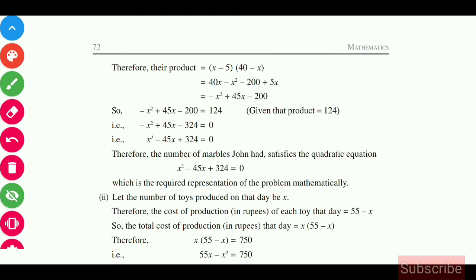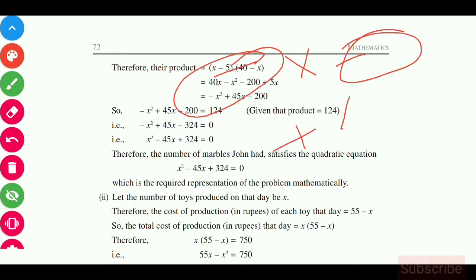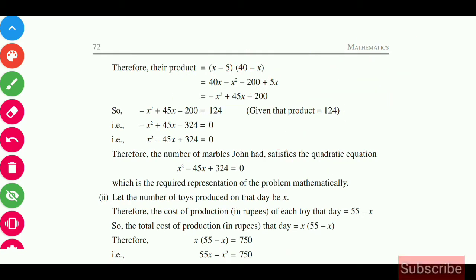We get 40x, x into x is x square, 5 into 40, 5 fours are 200, so minus 200. 5 into x, 5x, minus minus becomes plus in multiplication. We know that minus into minus quantity in multiplication becomes plus quantity. So we have this quadratic equation.